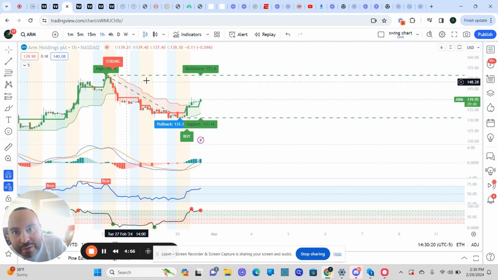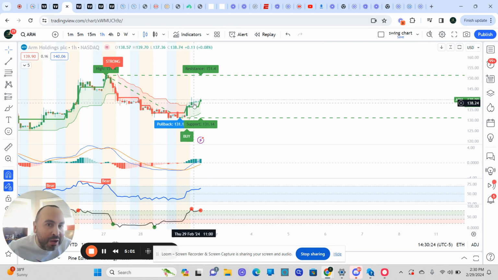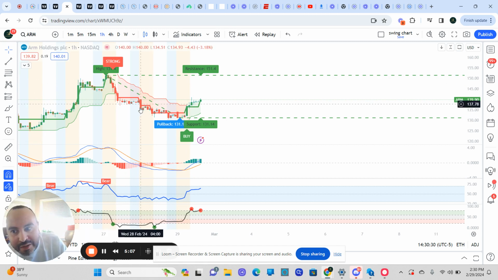coupled with the fact that we are at resistance here at this 151 area would have been my cue to go short. But to leave things less complicated, I look at these two main things again: the sell signal and the MACD cross bearish. We would have opened here, puts on open.